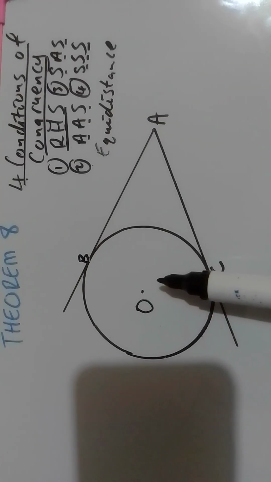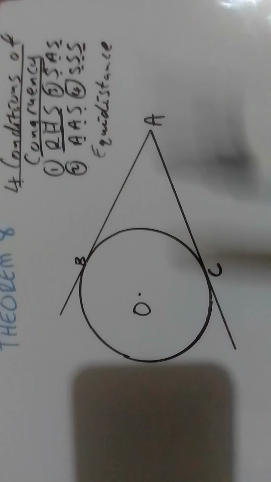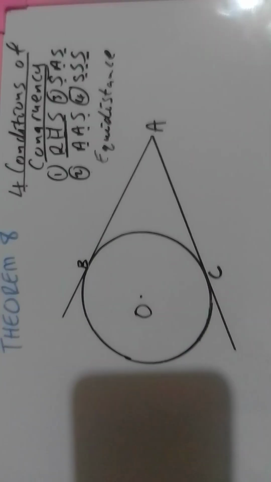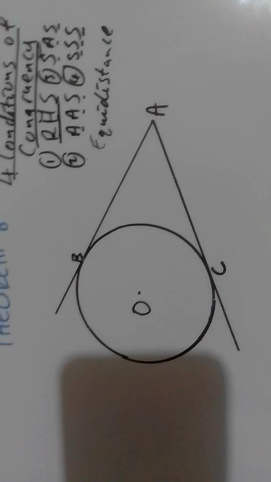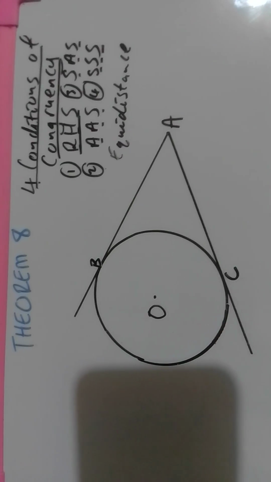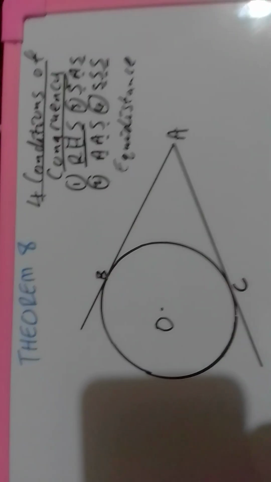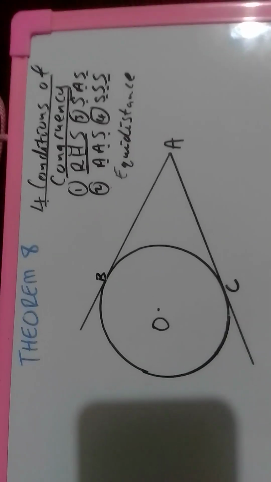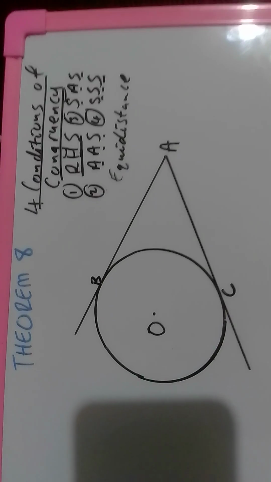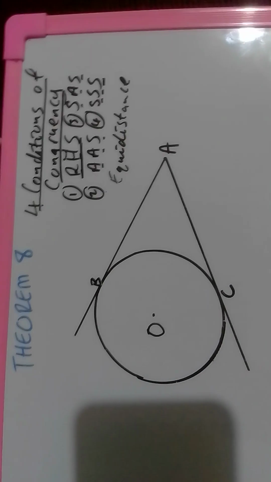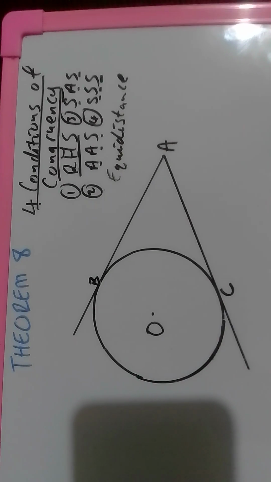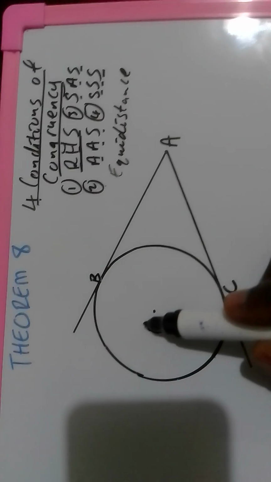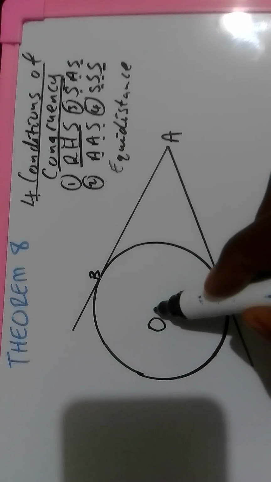I don't see a triangle here. Remember, in geometry, you are allowed to add things that are not provided by the examiner, on condition that you announce to the examiner that you are going to add some things. You just don't do as you please, right? So what is the first thing that I'm going to do? Here I'm given that O is the center, this dot here.